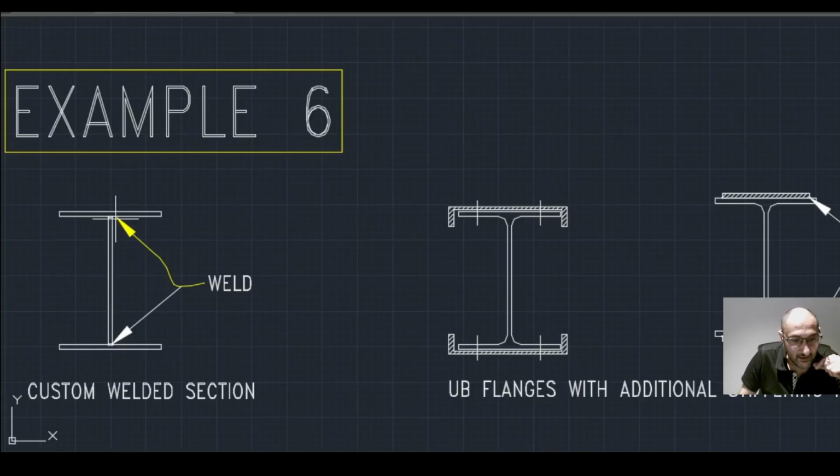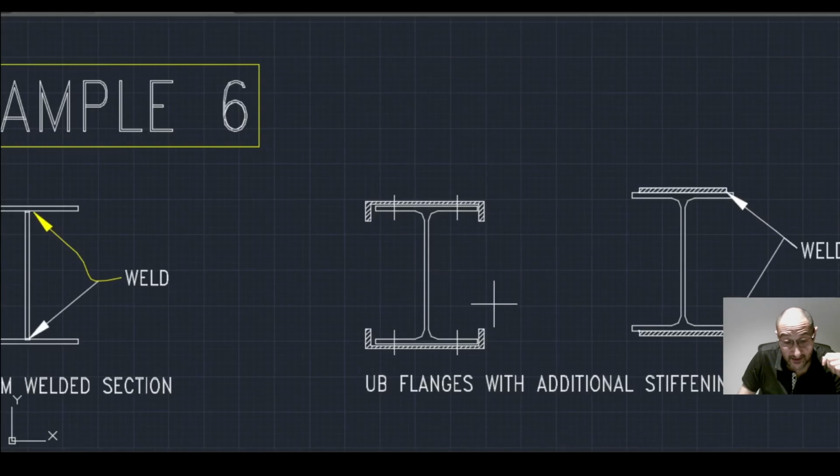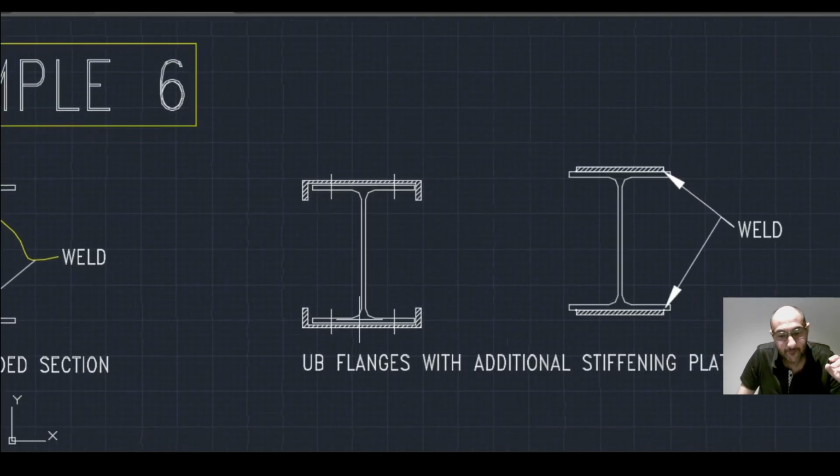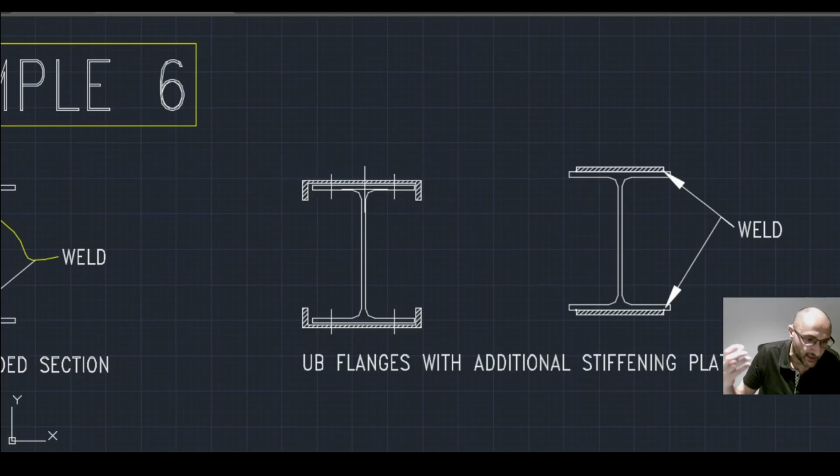The second detail is an interesting situation where we need to stiffen the compression and tension flanges of the steel beam. In most cases though, we should focus on stiffening the compression flange in the steel beams, to prevent any lateral buckling. Steel is not the best in compression, so providing a stiffening plate will help in lateral buckling.